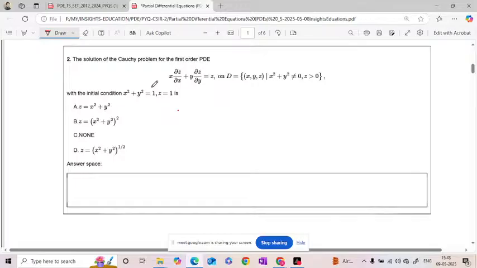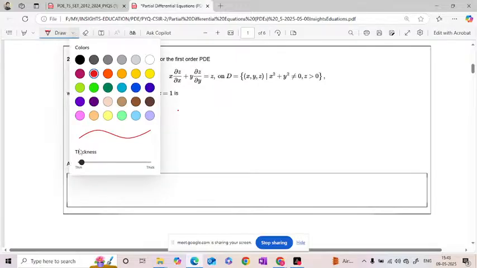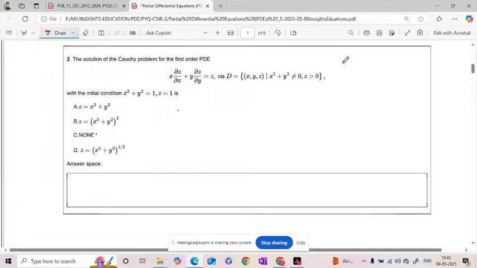How can you solve? What is the suitable method for this problem? Lagrange method. Very good. So according to the Lagrange method, dx by x and dy by y and dz by z.